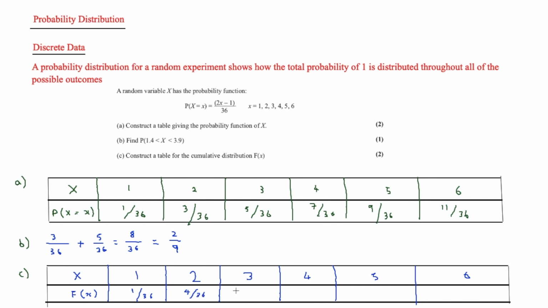Then it shall be 9 over 36. Then 16 over 36. Then 25 over 36. And then finally, by adding that 11 on, we will end up with just 1, which is exactly what we would expect and what we want.